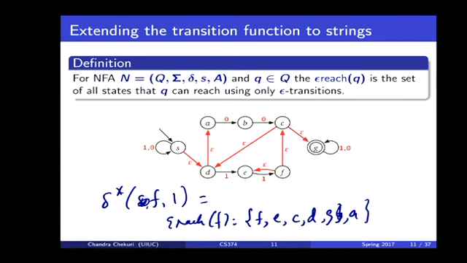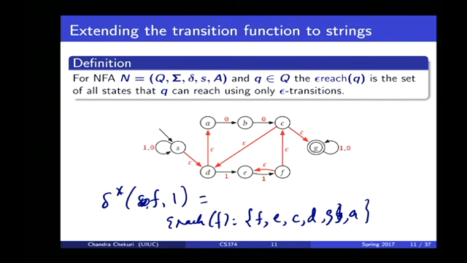Now I've reached all I can with epsilons. Then I should try 1, right? For each of them, I should see where I can get with 1. What happens on F on 1? I die. So that's good. E on 1: now I get back to F as a possibility. What about C on 1?